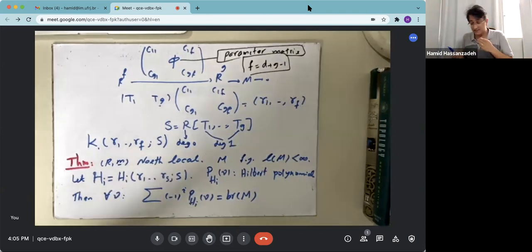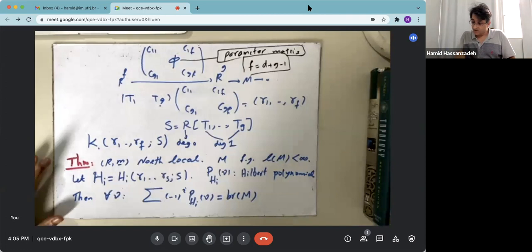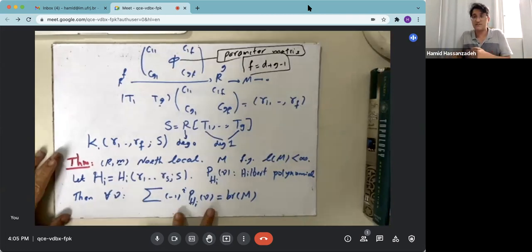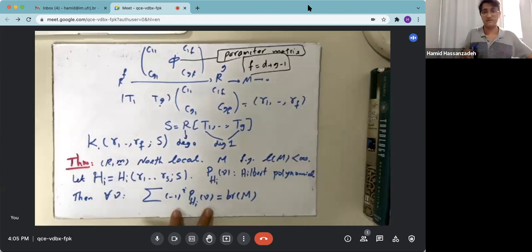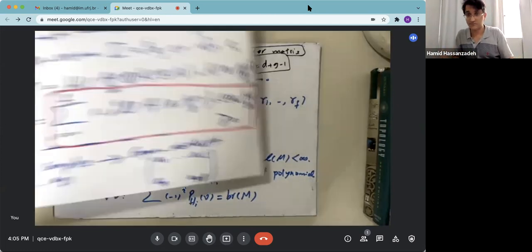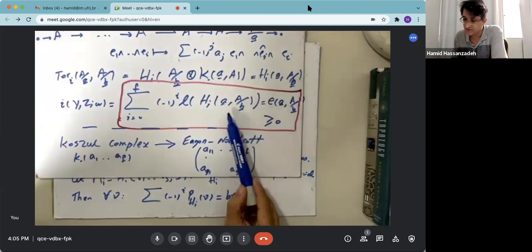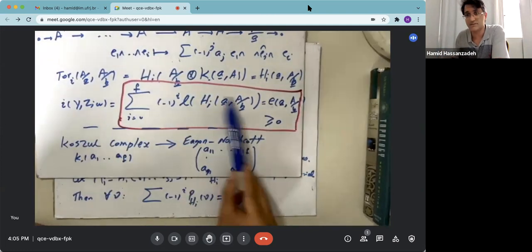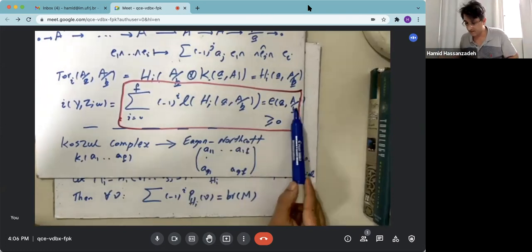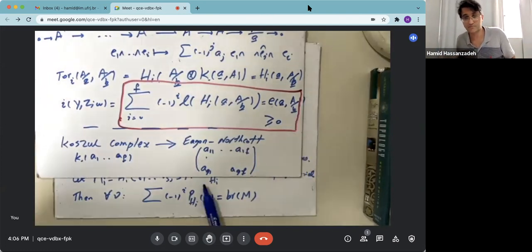What's nice about this theorem is that, in contrast with the Serre formula, that was a formula of the constant. You see here, these are just numbers, and the alternating sum of these numbers is the multiplicity, right? But here we have polynomials.